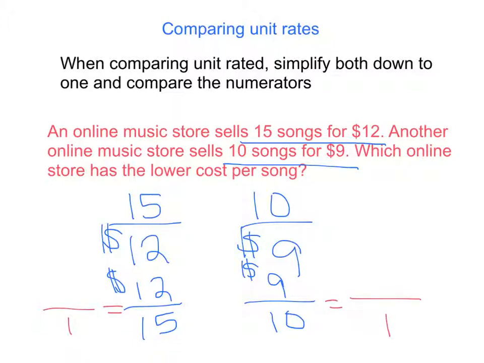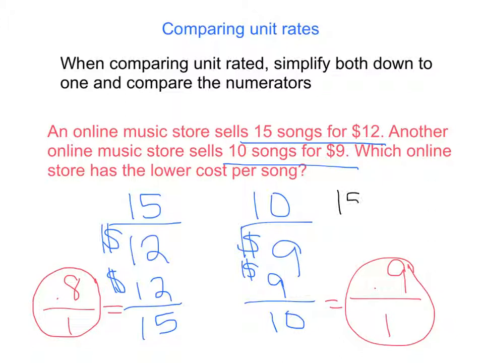So the first online music store is 80 cents per song, and the second online store is 90 cents per song. So you would be able to say that buying 15 songs for $12 is the better deal.